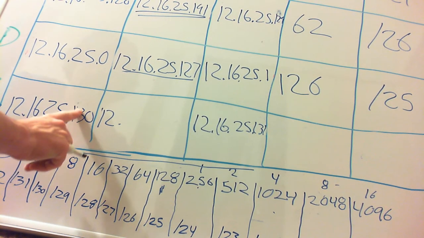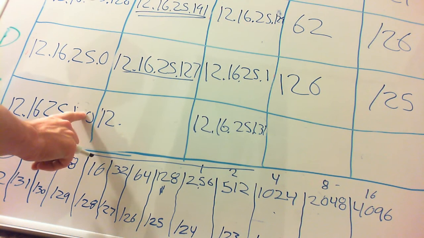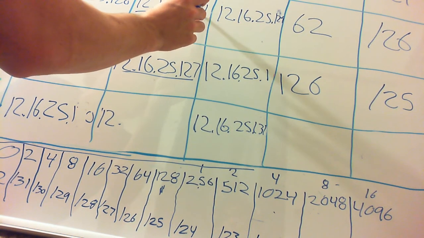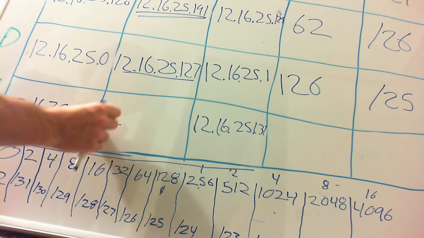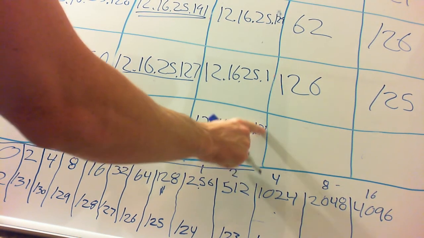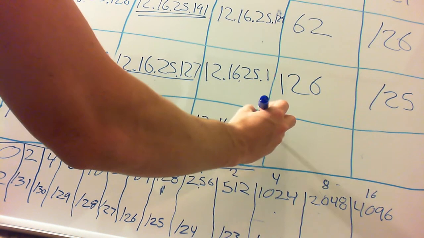Oh no, let's start over then. No. Oops, I messed up. So 191, that makes it 192 up here. And that makes that 193.